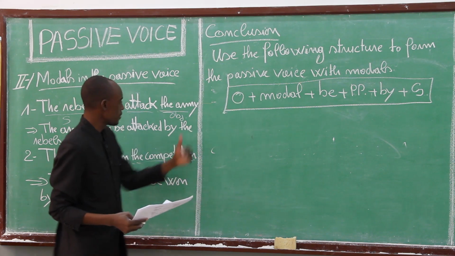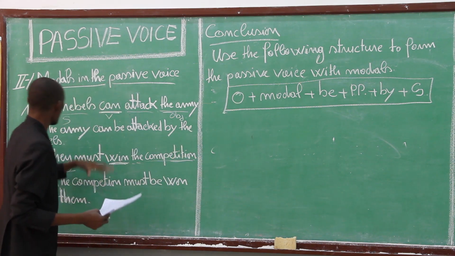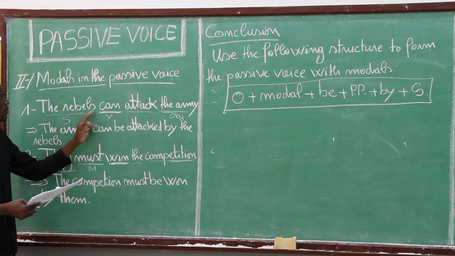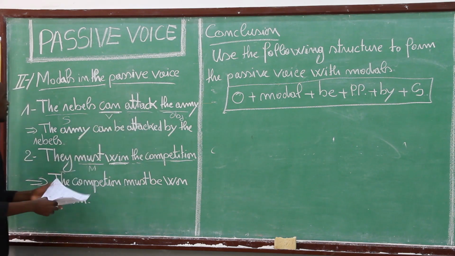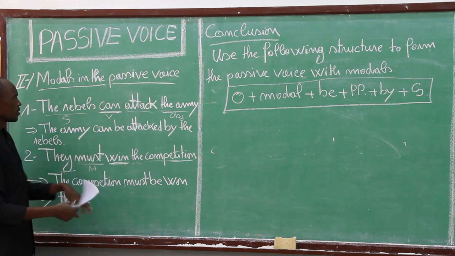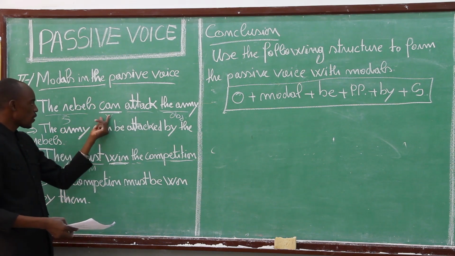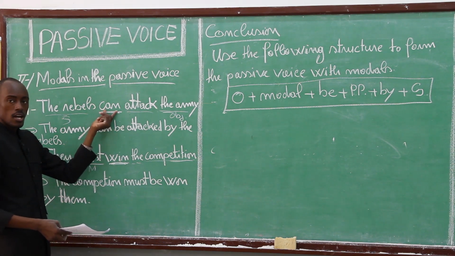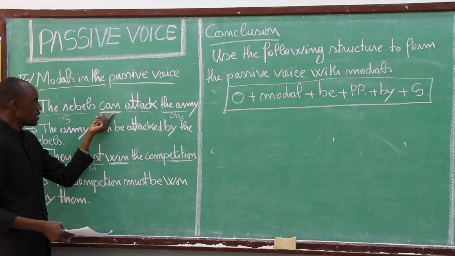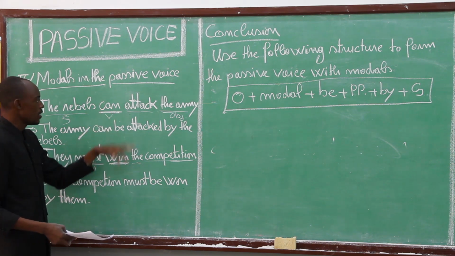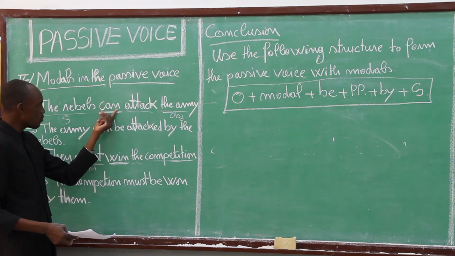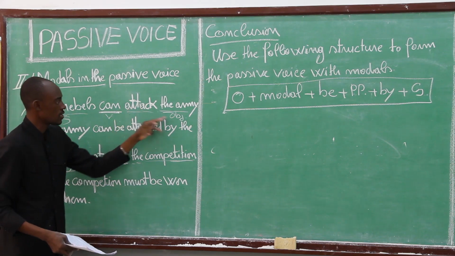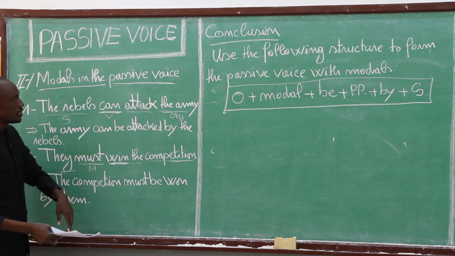Now let's come back here. In this sentence, the rebels can attack the army, we have the subject, then the first verb, which is a modal verb. Can is a modal verb, not a main verb. After can, we have another verb in the infinitive, and at the end the object.